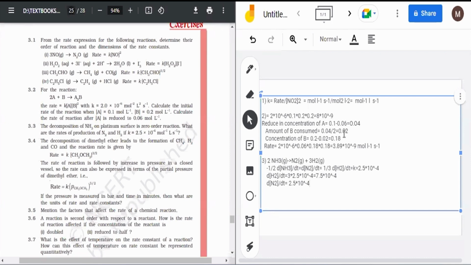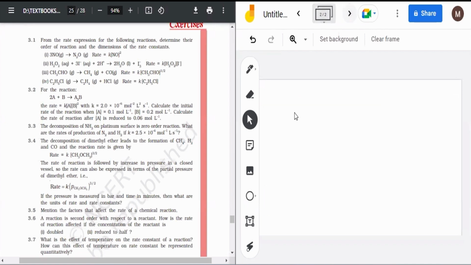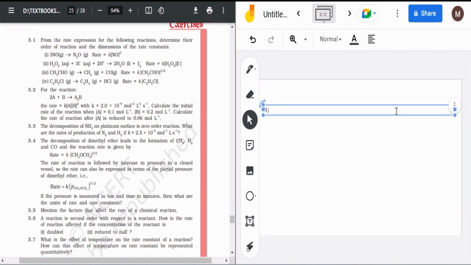Okay, then let us do one more question, question number 4. What is said in the fourth: the decomposition of dimethyl ether leads to the formation of CH4, H2 and CO, and the reaction rate is given. The rate of reaction is followed by an increasing pressure in a closed vessel, so that the rate can be expressed in terms of partial pressure of the dimethyl ether.